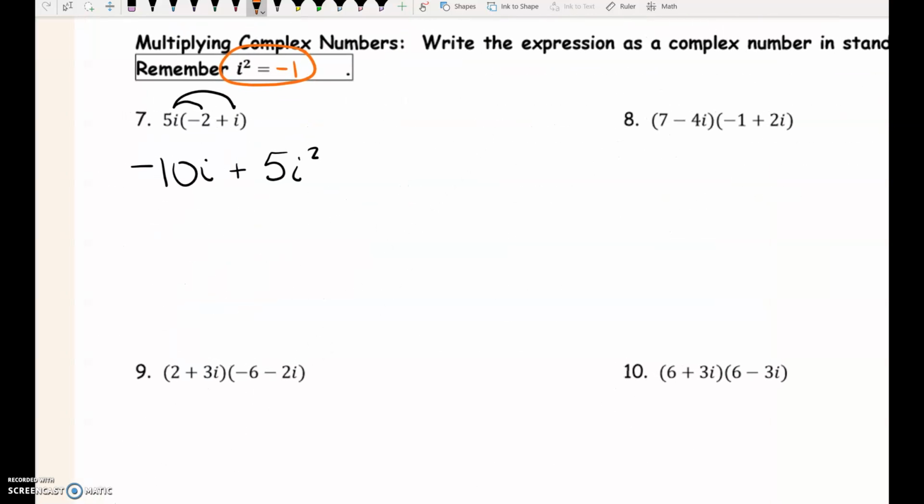So anytime I see an i squared, I'm going to replace that i squared with a -1. So this term right here is really 5 times -1. What is 5 times -1? -5. So really, we have -5 minus 10i.